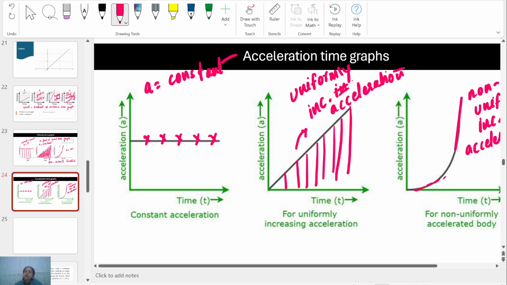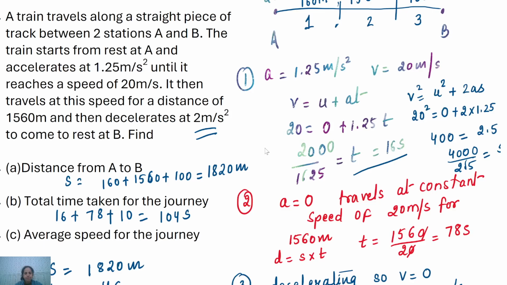Actually, let's just go back to that level 3 question that we did, and let's try and do that using the graph. Okay, let's see if this one allows me to go there. Oh yes, here we are. Let's just solve this question.